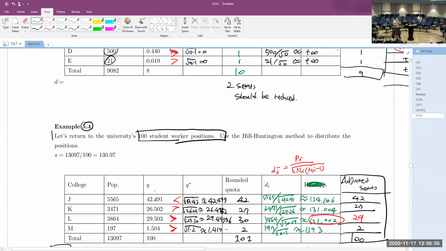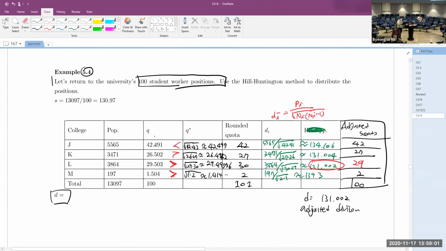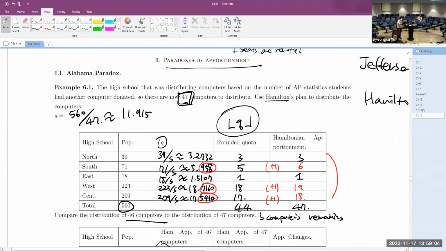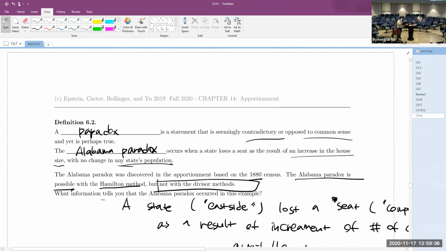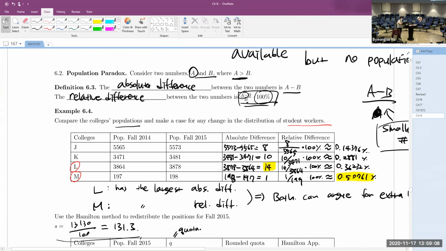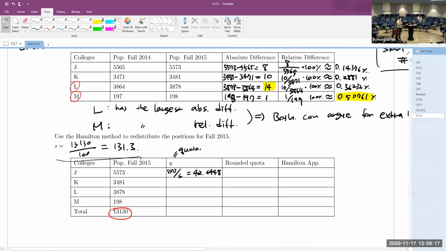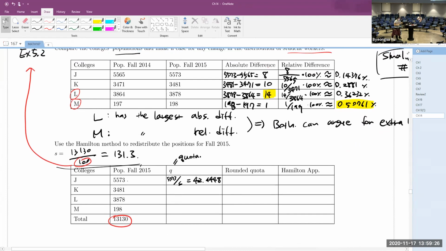Then we want to distribute using the Hamilton method when populations are changing. And this 100 came from example 5.2.